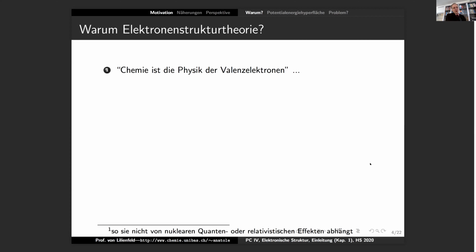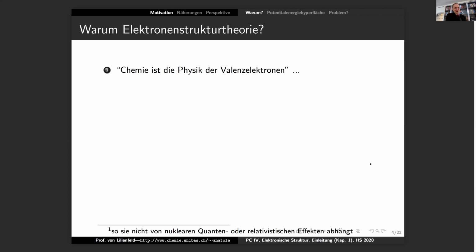So you hopefully have all heard of isotope effects, right? For instance, the kinetic isotope effect on chemical reaction rates. That's an effect that comes due to the nuclear nature and the quantum nature of the protons. And if you substitute your protons by deuterium, you can measure this effect, right?